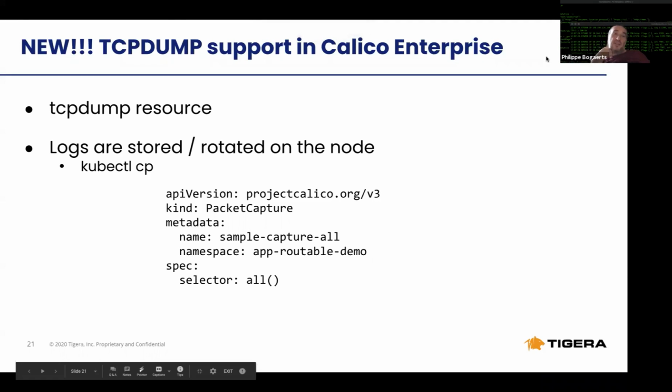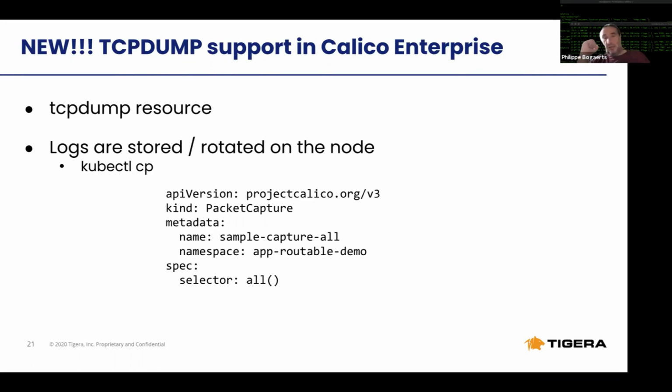And then something new we introduced a couple of weeks ago, and I'm pretty fond of it, is that in Calico Enterprise, you can actually create a packet capture resource. So you can fairly easily tell Calico Enterprise, for example, in this case, to TCP dump or capture all the traffic in this namespace.